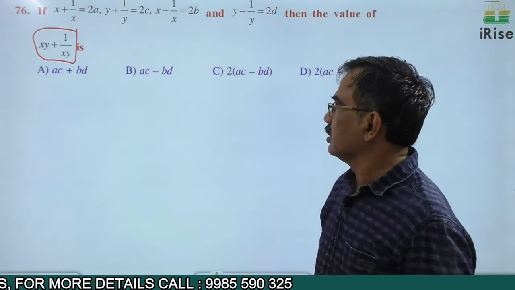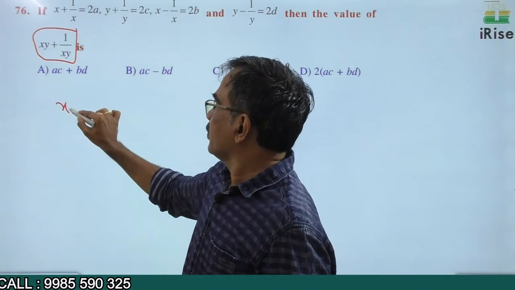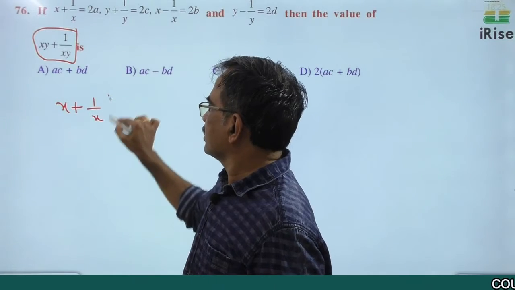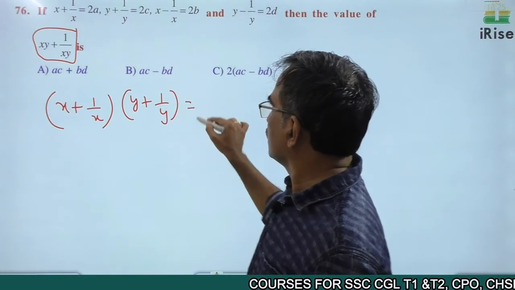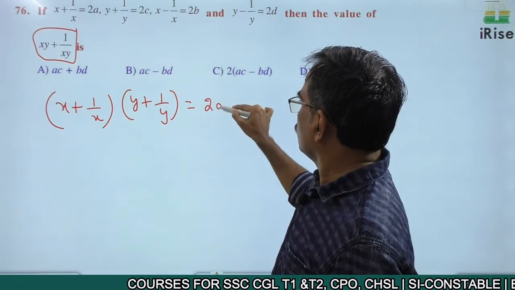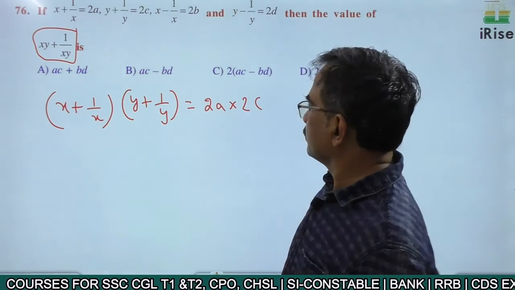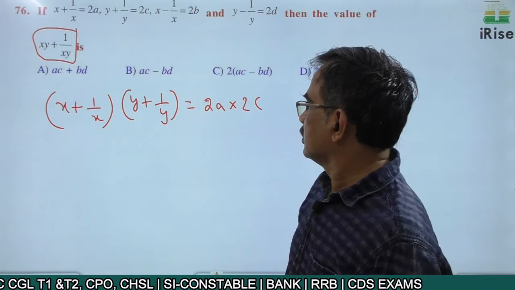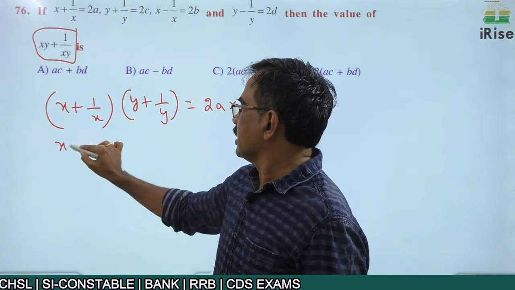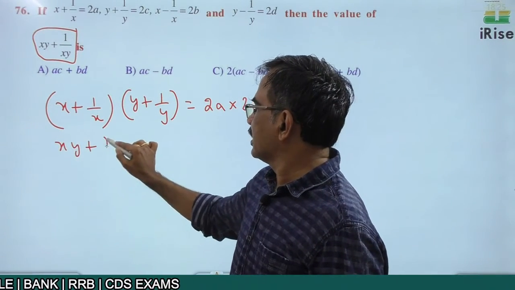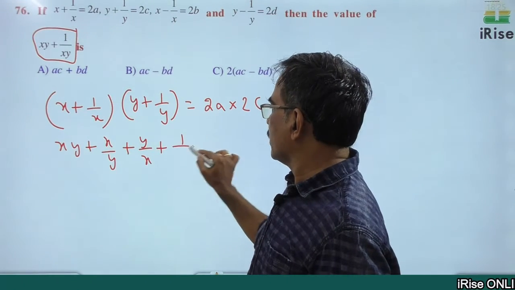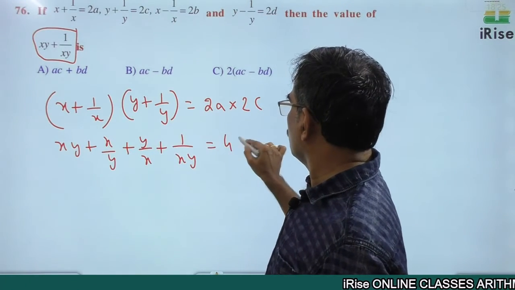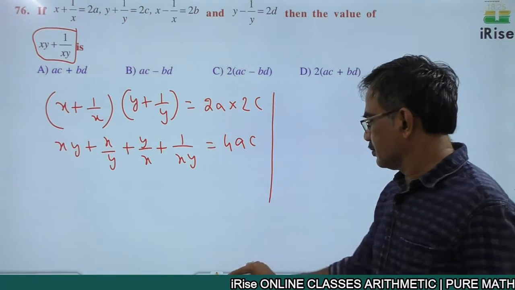I want to multiply (x plus 1 by x) into (y plus 1 by y). This is nothing but 2a into 2c. What we get? This is nothing but xy plus x by y plus y by x plus 1 by xy is equal to 4ac.